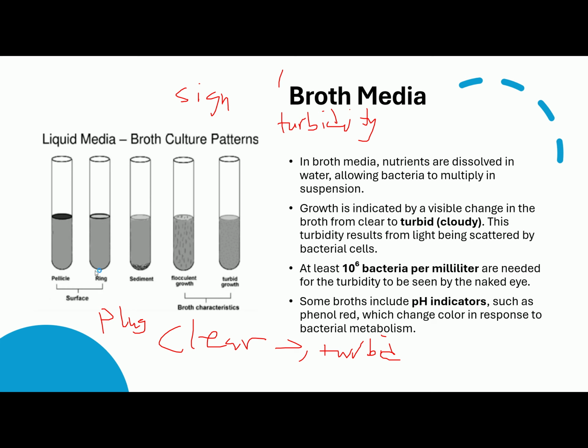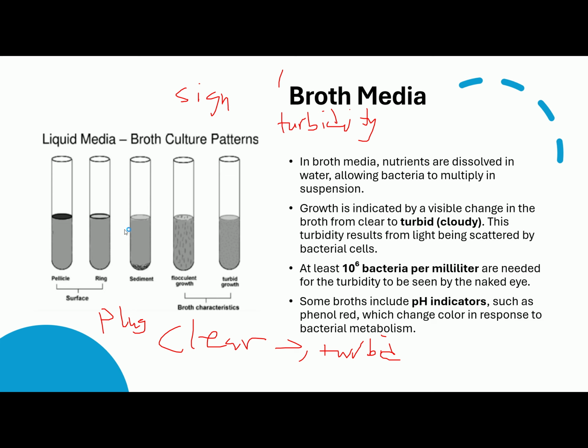Also, if there is the presence of a ring, so dun sa edges ng surface, may parang growth, it could also mean bacterial growth. Then if there are sediments formed, bacterial growth din siya. If there are flocculents, yung mga malalaking buo-buo na colonies, class, in liquid media, and also your turbidity. So these are the different signs of bacterial growth in a liquid media.